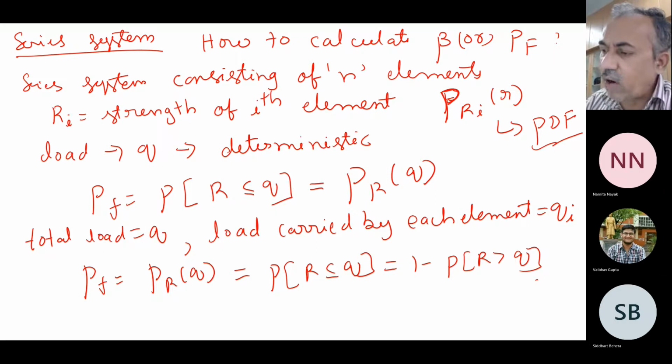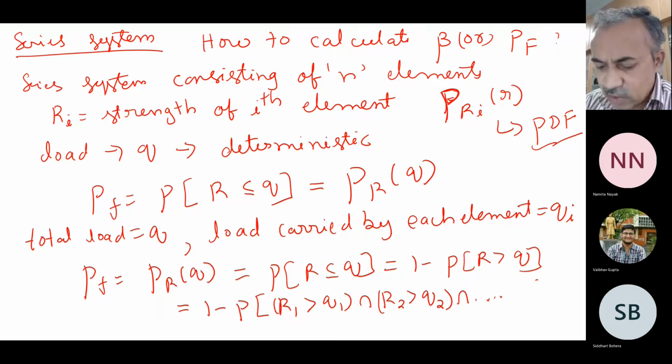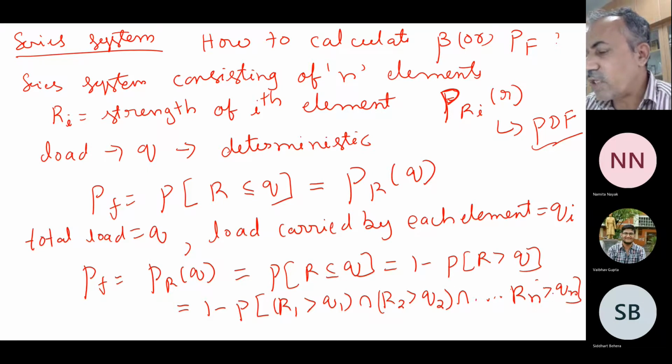But since we have so many elements, I can write this expression as R1, the first element, greater than Q1, intersection R2 greater than Q2, the second element, intersection like this, because we have so many elements, and Rn greater than Qn. So it is basically the intersection of all these individual elements itself.